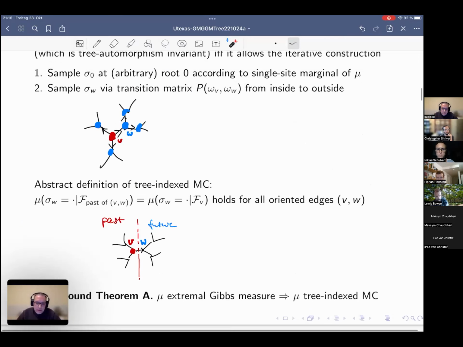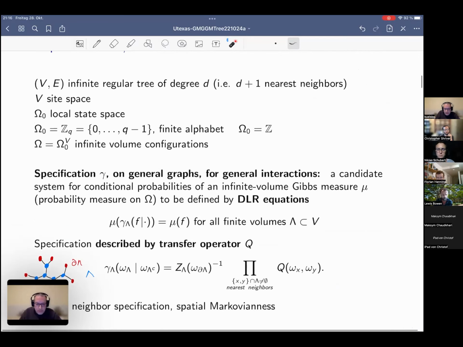Okay, recall that the Gibbs measures are given by this formula. So this is a linear equation. So it's interesting to look at the extremal points, the non-decomposable ones. And there's also a theory about extremal decomposition for Gibbs measures in terms of the extremals.